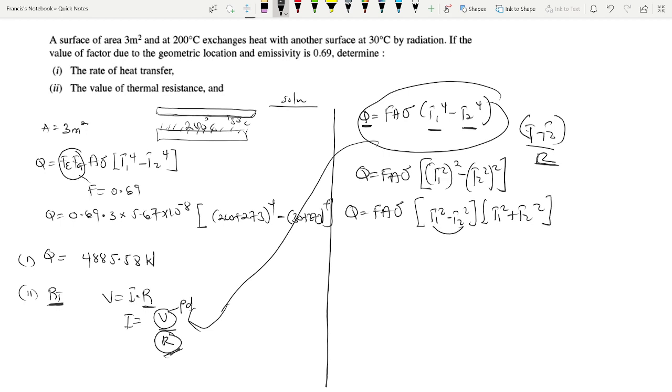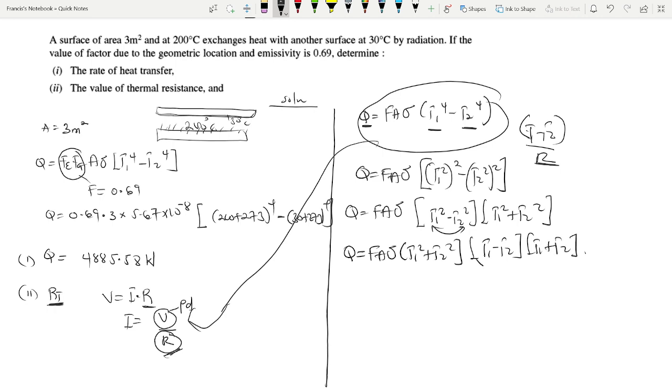Then applying difference of two squares again, Q equals F A sigma multiplying (T1 squared plus T2 squared), multiplying (T1 minus T2) multiplying (T1 plus T2).